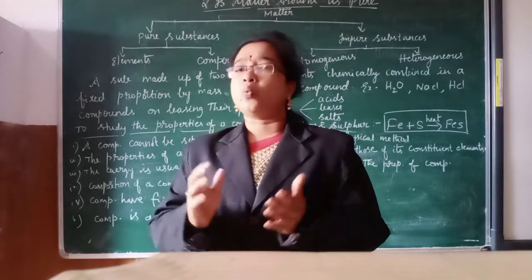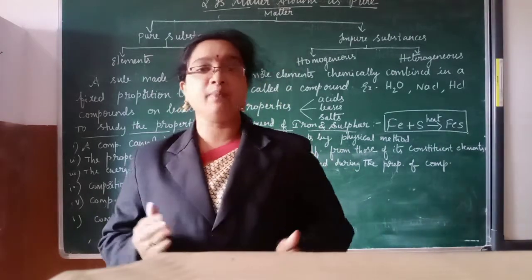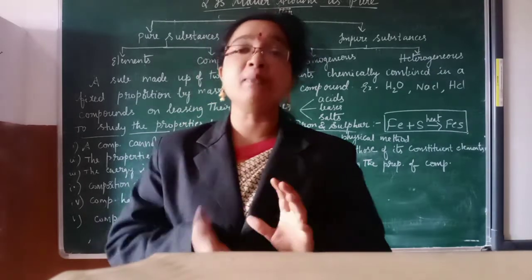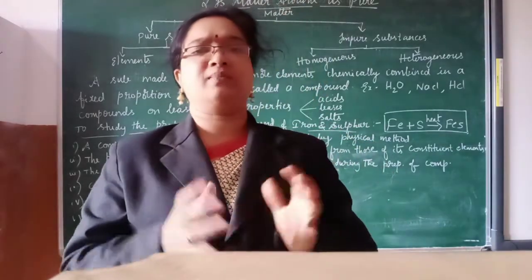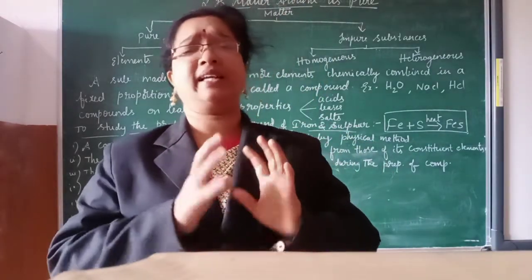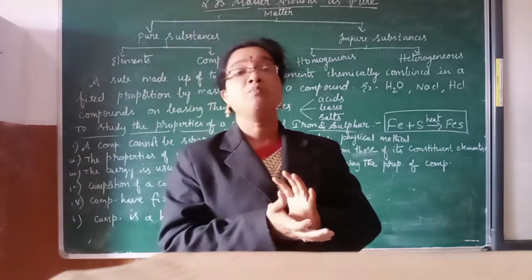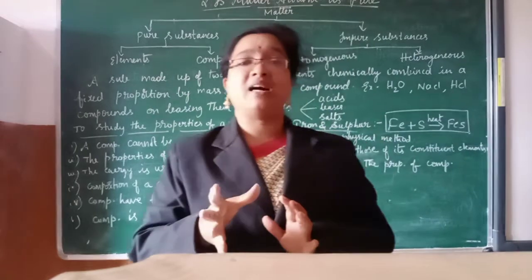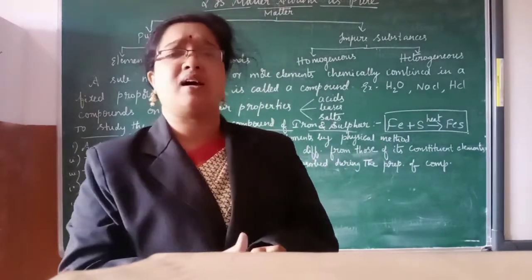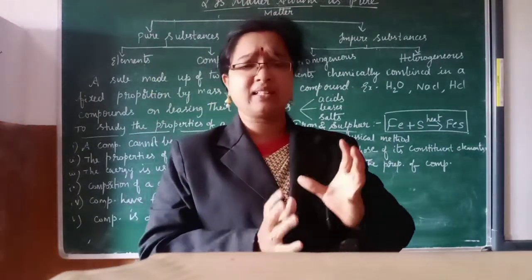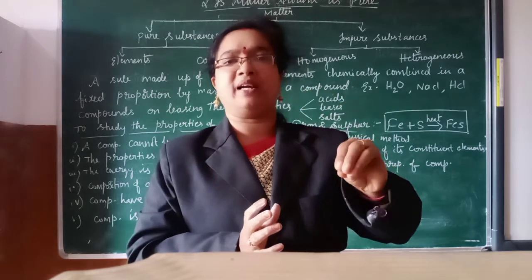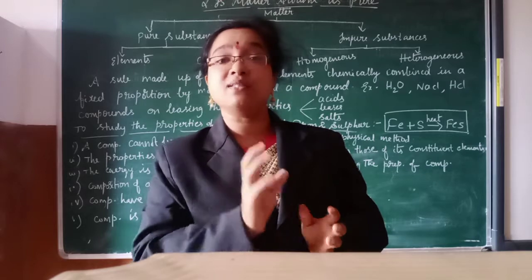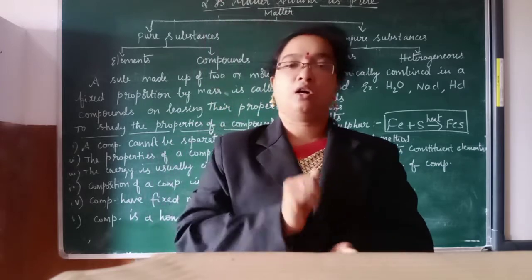When two or more elements are chemically combined with each other and they have a fixed proportion by mass, that type of substance we call a compound.